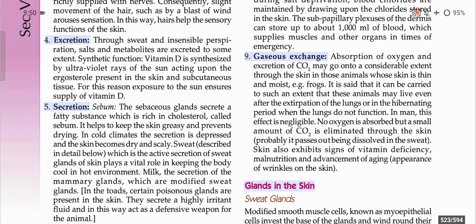In man, this effect is negligible. No oxygen is absorbed, but a small amount of carbon dioxide is eliminated through the skin. Probably it passes out dissolved in the sweat. Skin also exhibits signs of vitamin deficiency, malnutrition, and advancement of aging, such as the appearance of wrinkles.